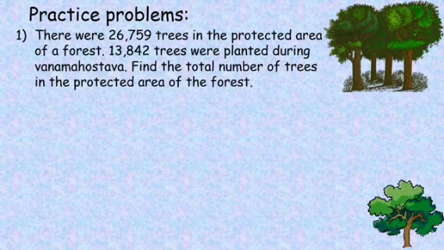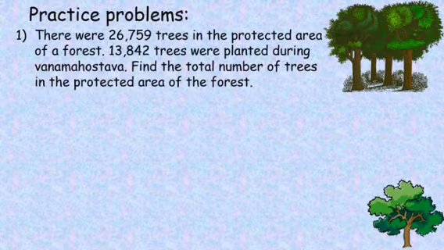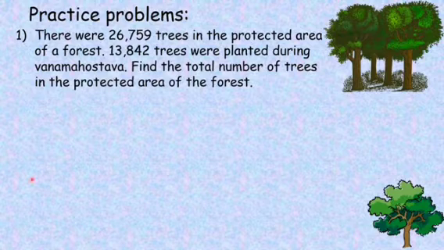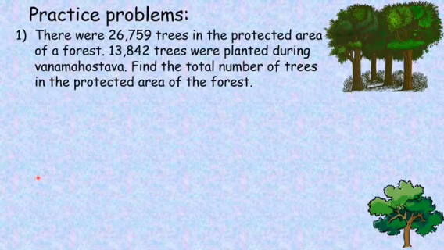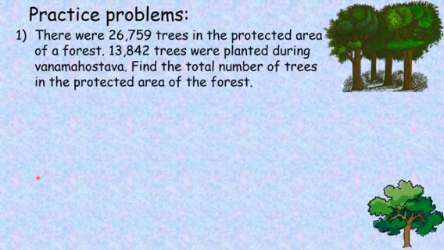So we have the problem wherein they have given us the number of trees that were there in a protected area of a forest, and additional to it they have planted some more trees, and we are supposed to find the total number of trees in the forest.